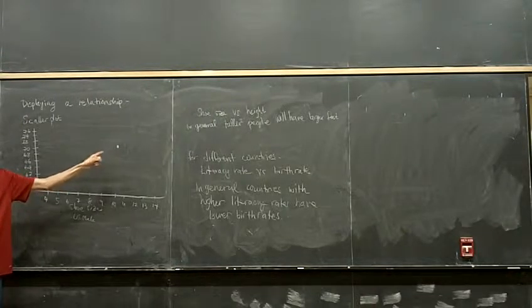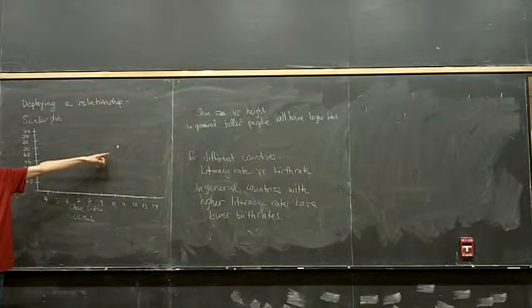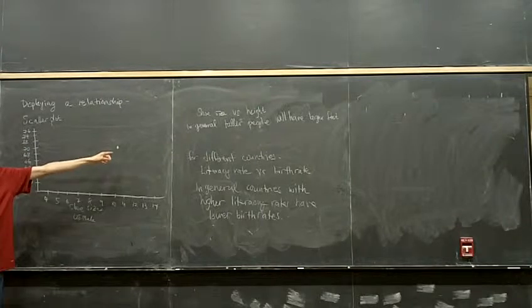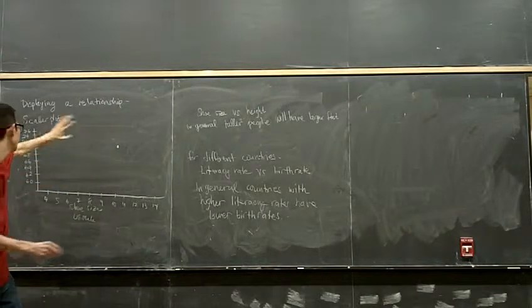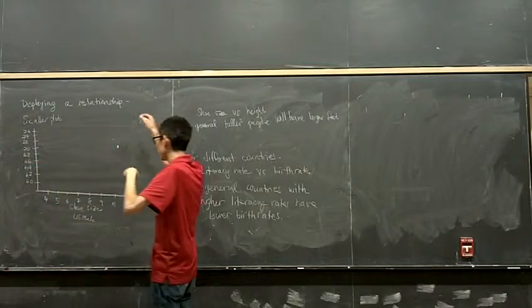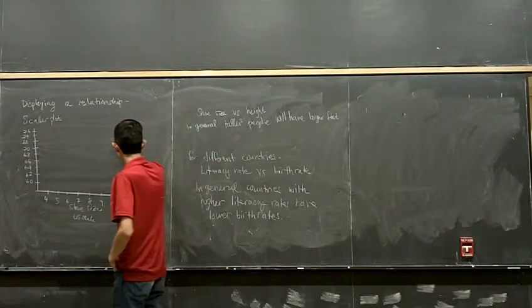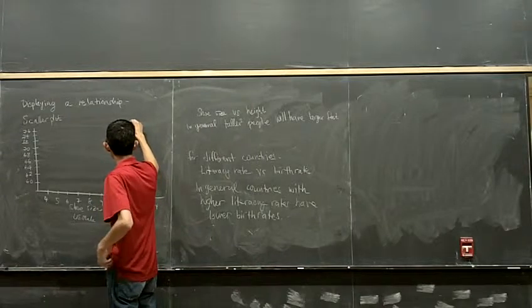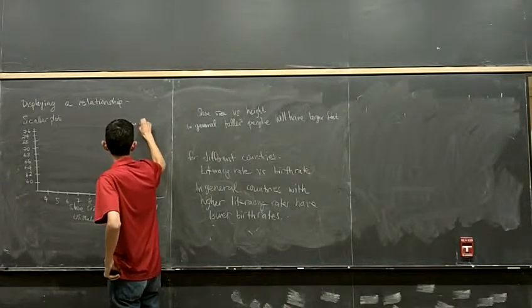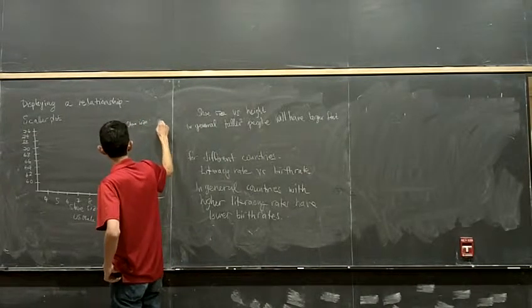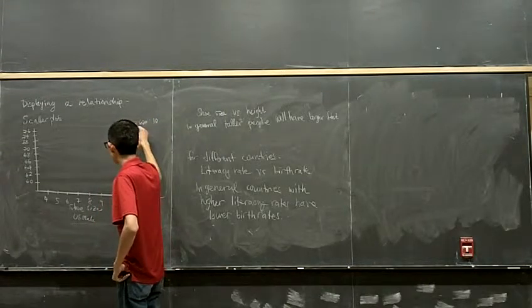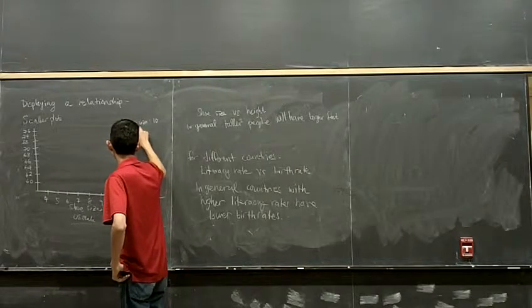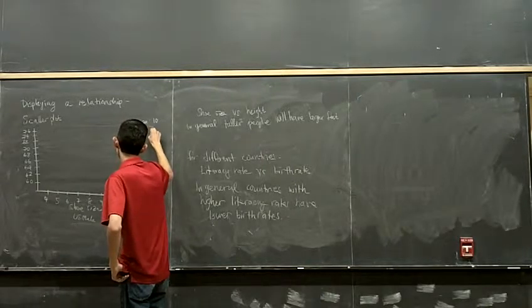What is the shoe size of this person, and how tall is this person? Size 10, 70 inches. Maybe my graph isn't perfect, but this is someone who wears a size 10 shoe, and their height is 70 inches.